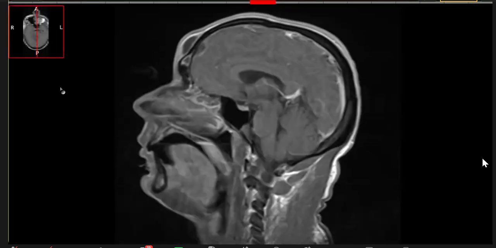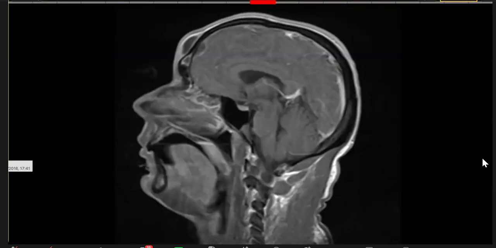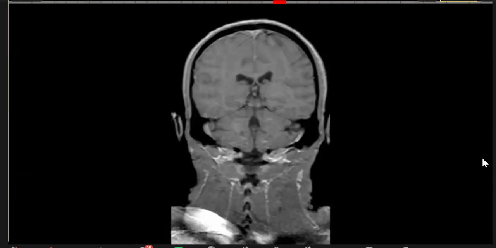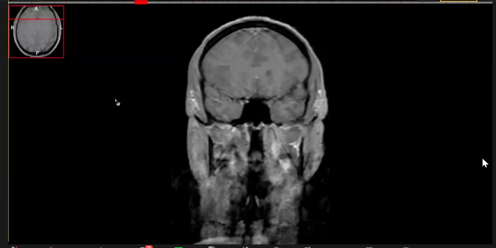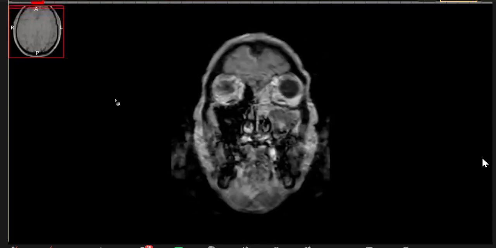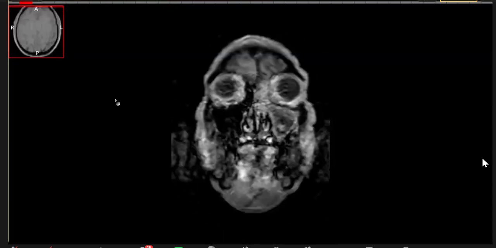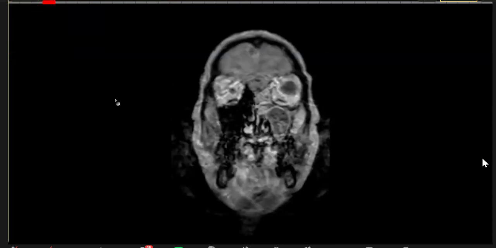So yes, I think this is an abscess anterior to the frontal bone due to sinusitis of the frontal sinus, with meningeal enhancement and also involvement of the anterior frontal parenchyma.